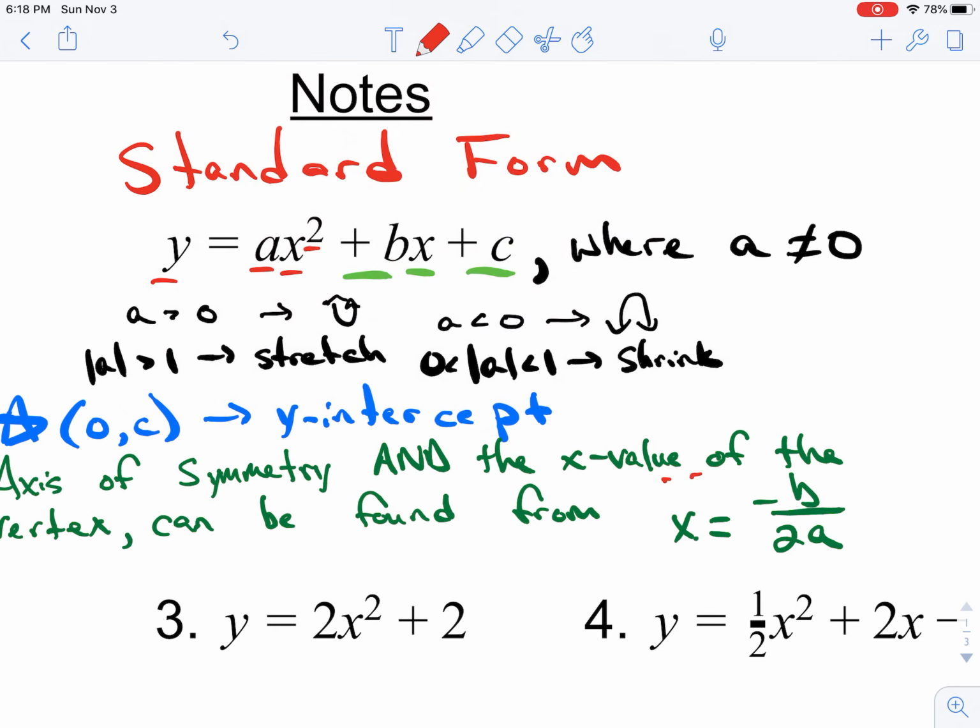This is the most important thing to remember in standard form. That the axis of symmetry and the vertex can be found from this little formula, x equals -b over 2a.